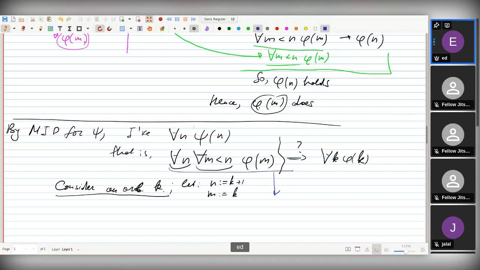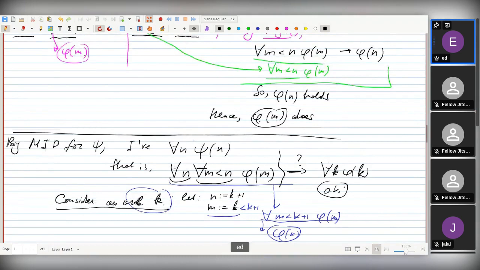For every n, so including k plus 1, for every m which is less than k plus 1, phi of m holds. But clearly, k is less than k plus 1. Then phi of k holds as well. So I have taken an arbitrary k and proved phi of k. So we are done here. Everything is okay. Is it clear? Yes.